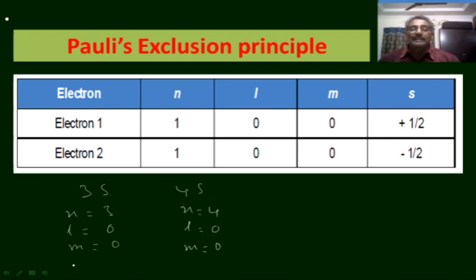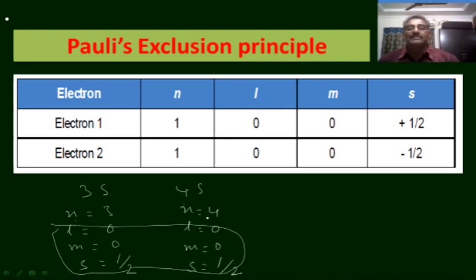If you take the electrons which are spinning in the same direction, the spin quantum number is plus half, suppose. Here also the spin quantum number is plus half, but they possess the same values of L, m and s, but they have different values of n.